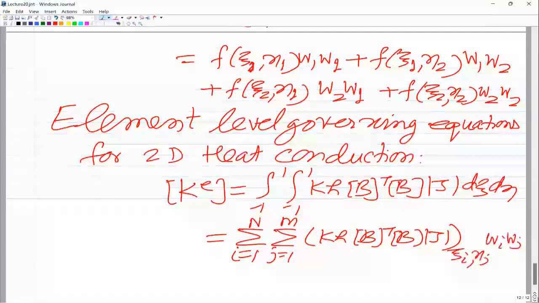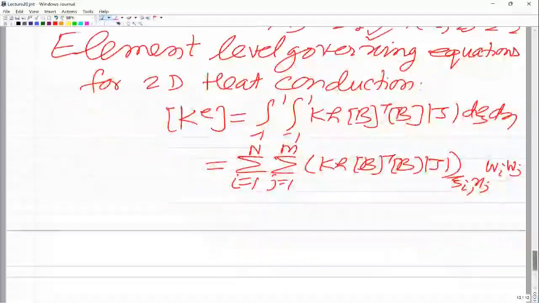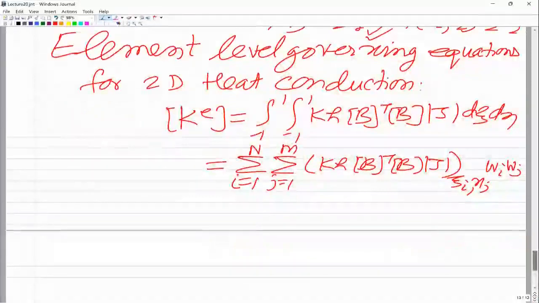And I said if n and m are equal to 2, then you would be expanding it like this. So now how do we choose n and m in this case? I think you can think over how we choose n and m. Let me take a simple example: if the element is a rectangle in the physical coordinate space, then what would be n and m?